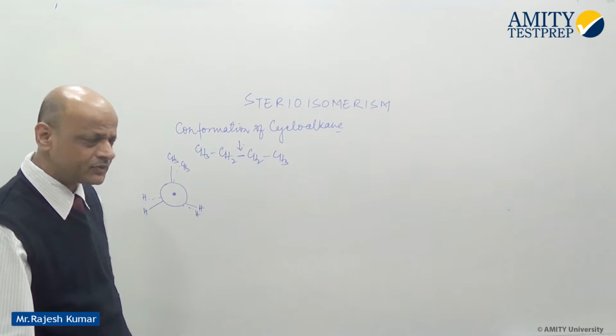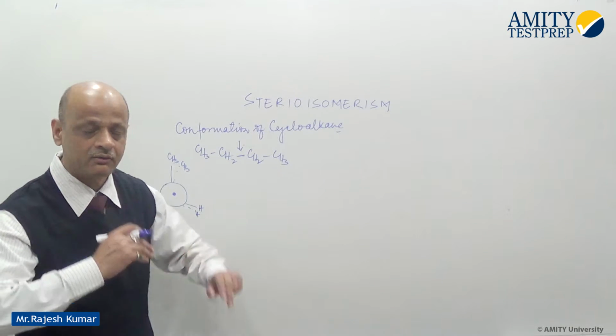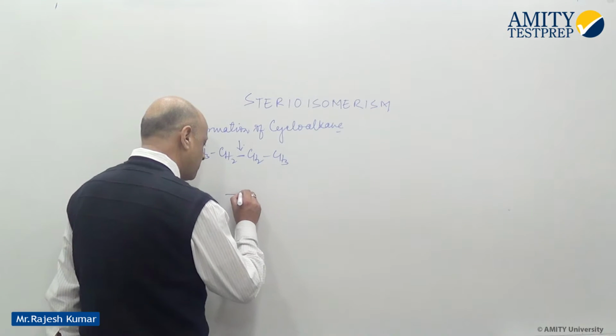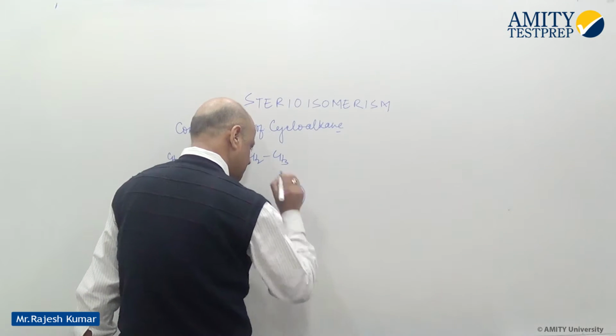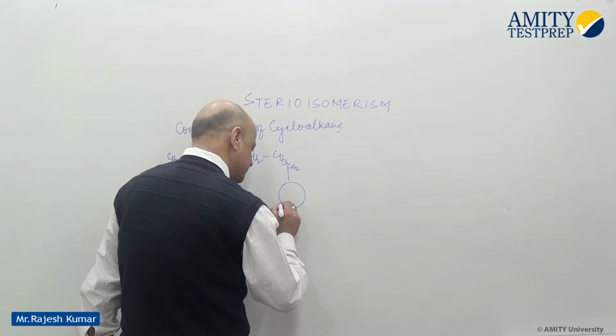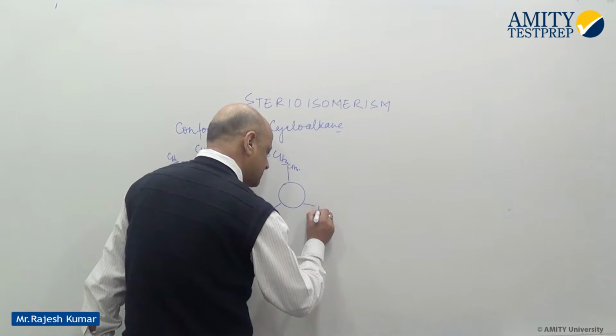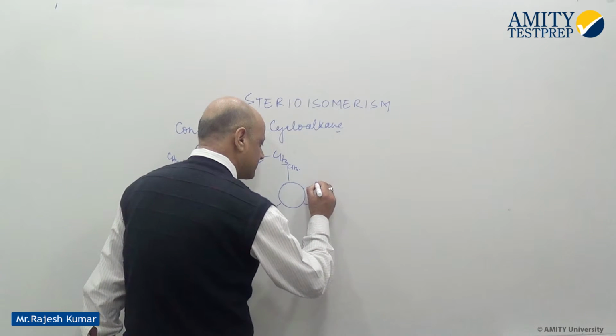Due to this repulsion, the bond is going to rotate, and due to rotation, both groups try to keep themselves away from each other so that maximum stability is possible.